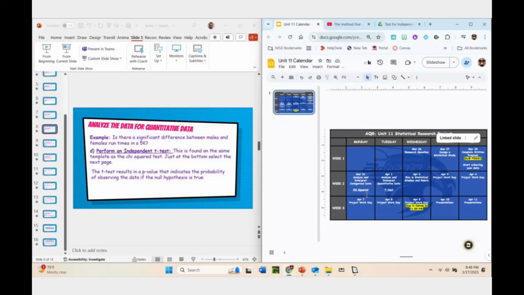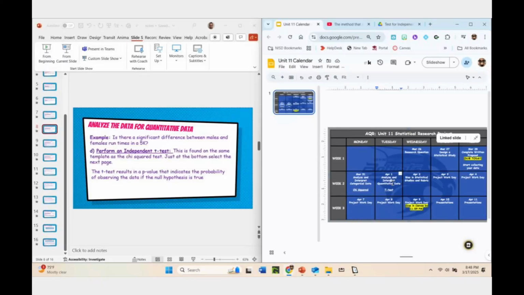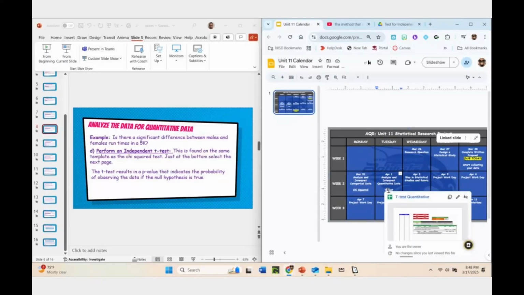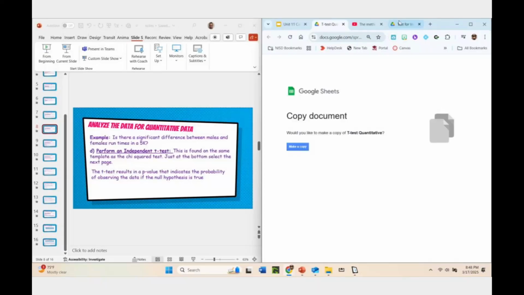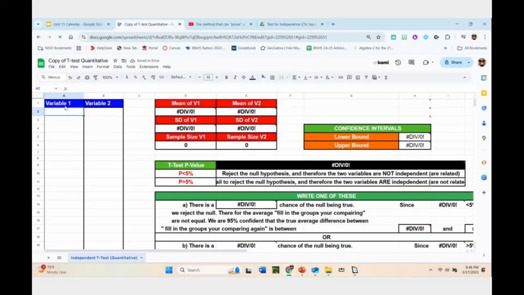Okay, so the 31st, Monday, we had chi-squared right here, and Tuesday, we have the t-test. So we're going to click on t-test. This looks kind of similar, but also a little bit different. But the process is the same as we did. We're going to enter our males in variable 1 and our females in variable 2, or vice versa. At the top in columns D and E, it automatically calculates our mean, our standard deviation, and our sample size.